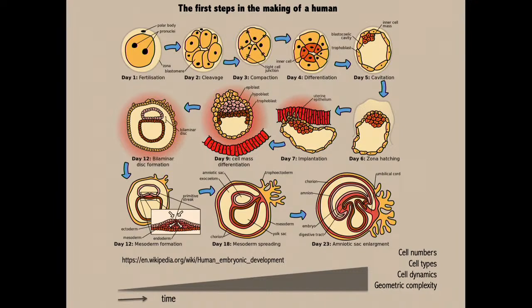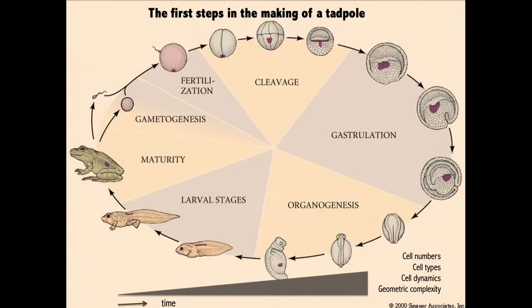And then of course it starts to get quite complex. But if you look at how a tadpole is formed, you'll see that some of these early stages actually don't look very different.